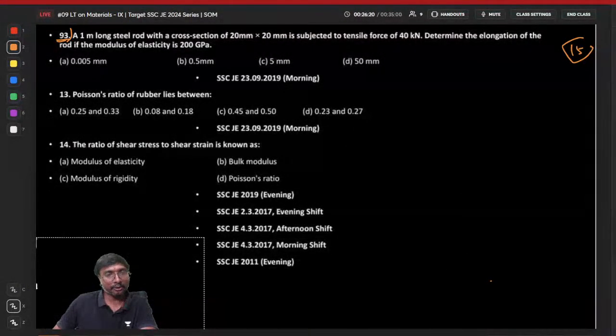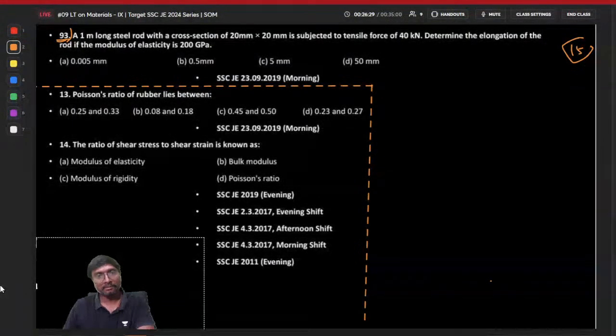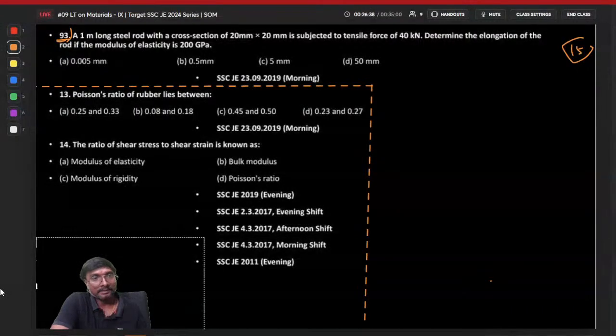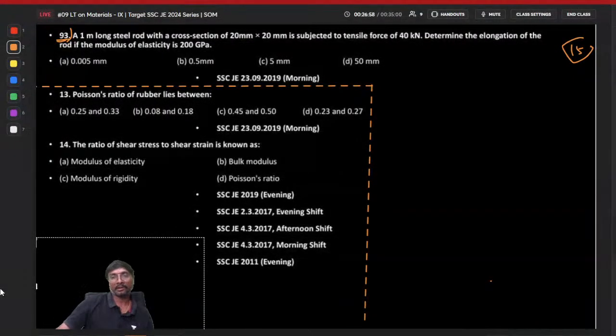I'll utilize this empty space available on the right side. Very fast solved, Kavya only.